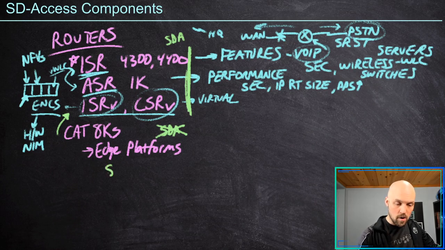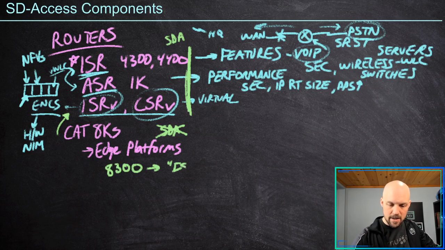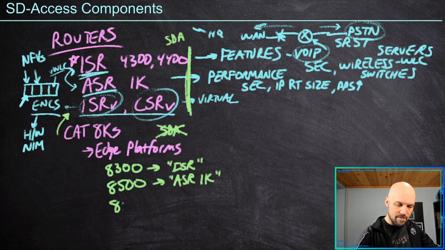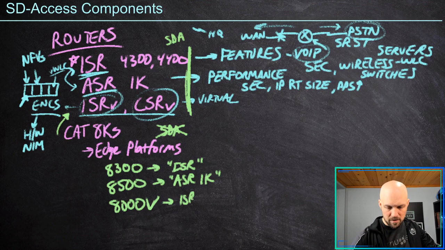Specifically, we're going to have 8300s. And 8300s are essentially an ISR. And then we also have 8500s. And the 8500s are essentially an ASR, specifically an ASR 1K. Lastly, we have the 8000 virtual router, the 8000V. And that, as you can imagine, replaces the ISRV and the CSRV.